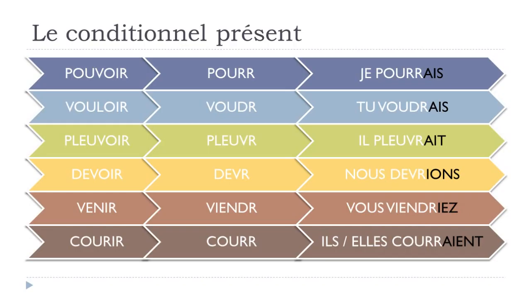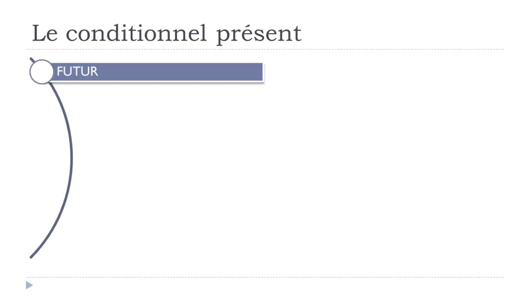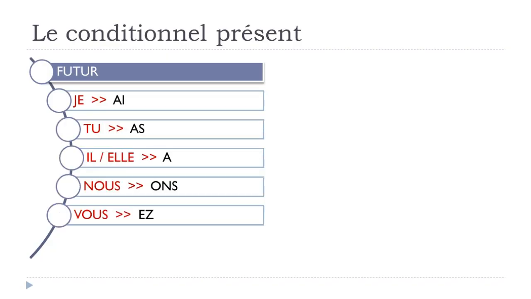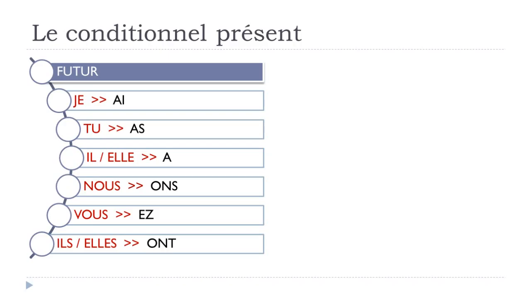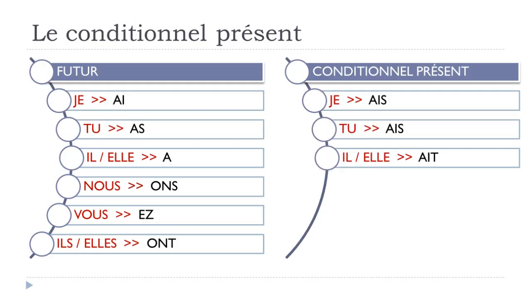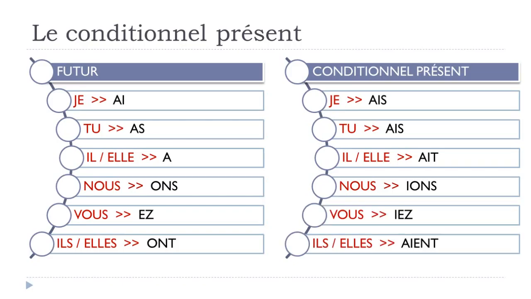Alright, so it was the first thing regarding the conditionnel présent, and as I said, it's quite close to the future, so the important thing is to remember that the endings for the future are AI, AS, A, ONS, EZ, ONT. But for the conditionnel présent, they were AIS, AIS, AIT, IONS, IEZ, AIENT.